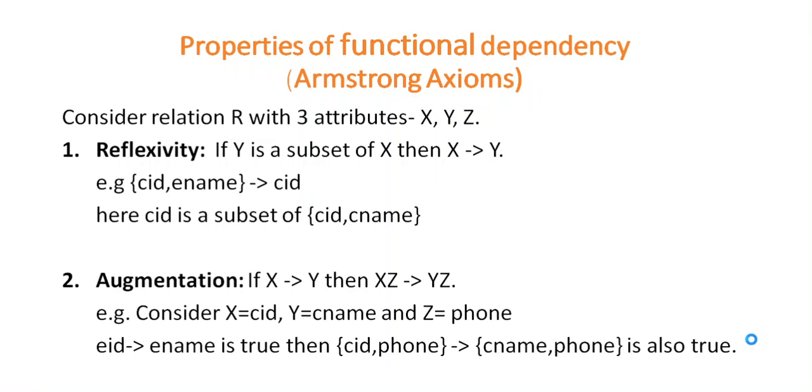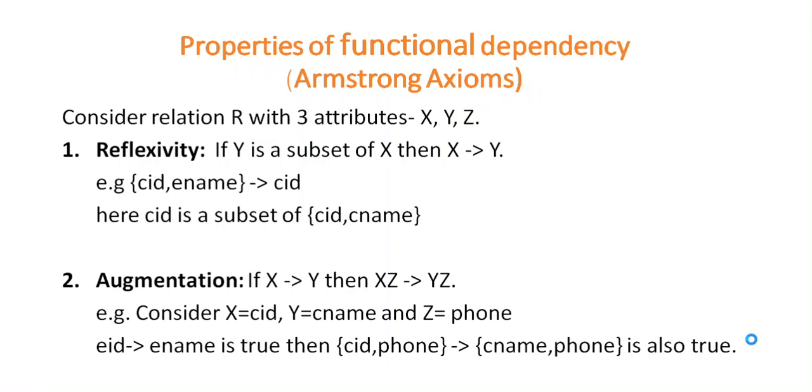So this is the augmentation rule. It means if three attributes are there in your relation, and if there exists a functional dependency between any two attributes, then you can append the third attribute in that functional dependency.